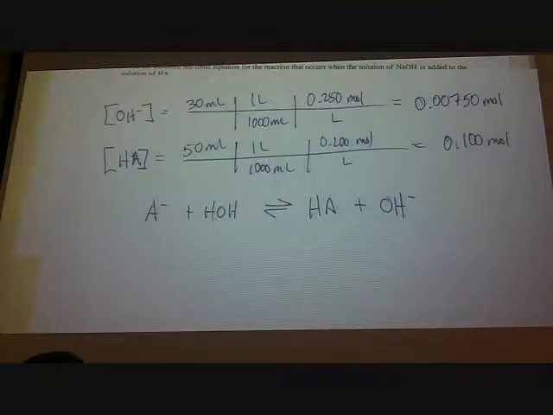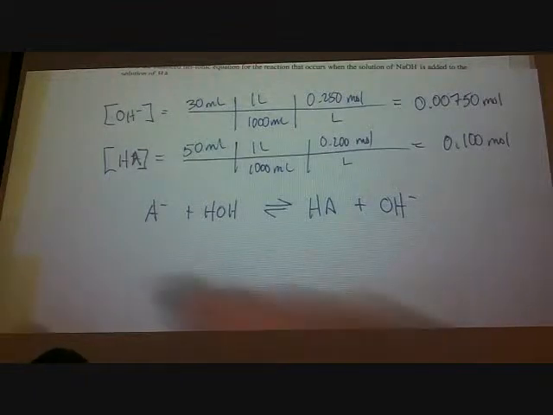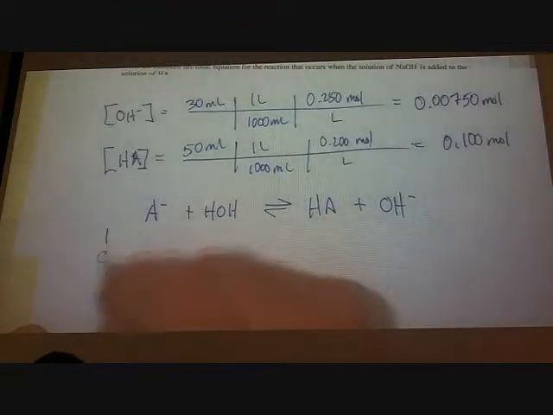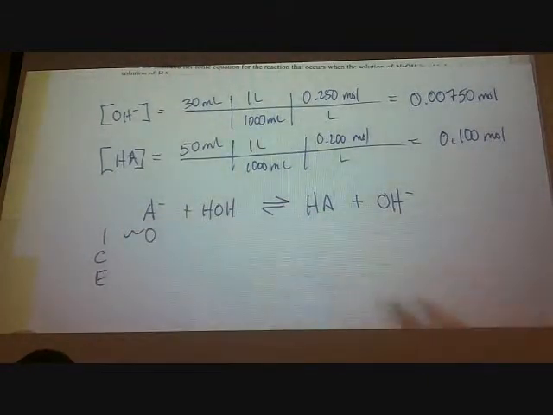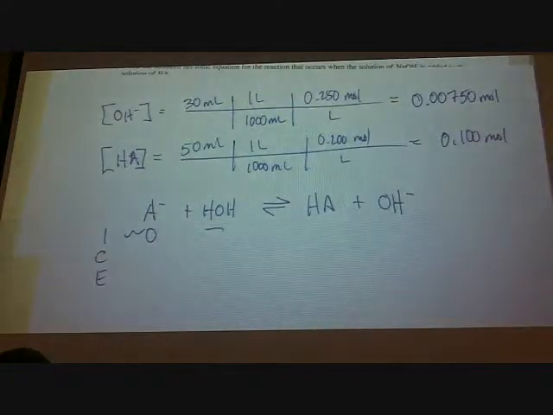In this case, what kind of expression could we have? Could have a Kb, but you also could use the Henderson-Hasselbalch equation. But hey, we're just doing an ice chart right now. So how much anion do we have initially? Small amount, so approximately 0. The water, don't worry about it.